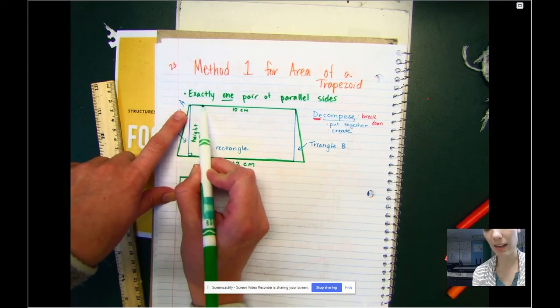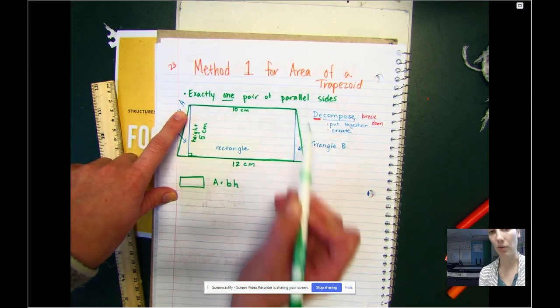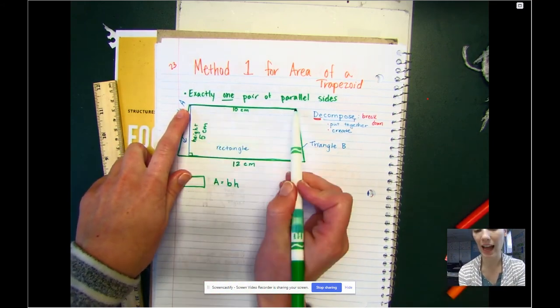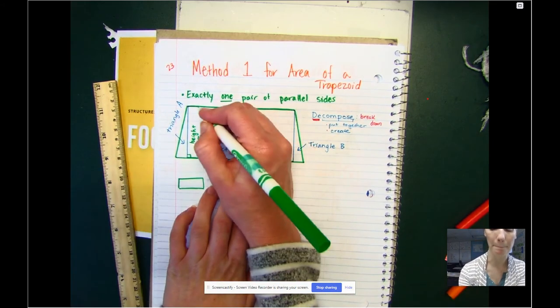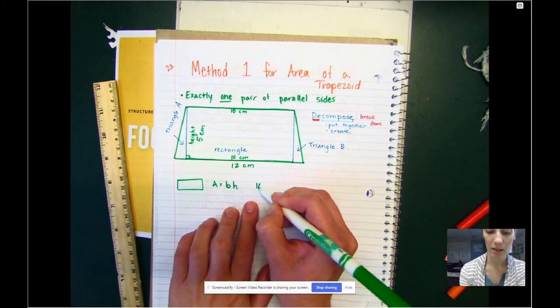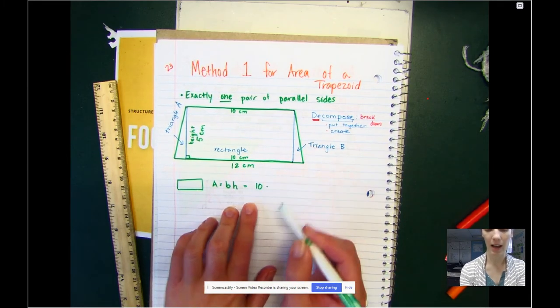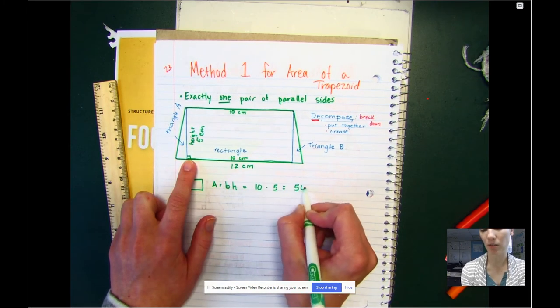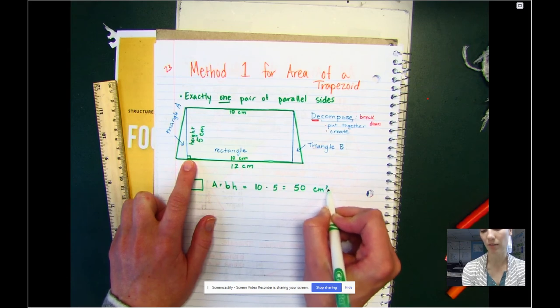Another way to think about it is it's this top length, right? Because a rectangle has equal side lengths across from each other. So the top right here, this tells me that the base of my rectangle is 10 centimeters times the height of my rectangle is 5 centimeters. 10 times 5 equals 50 centimeters squared.